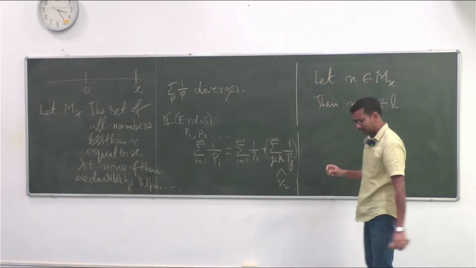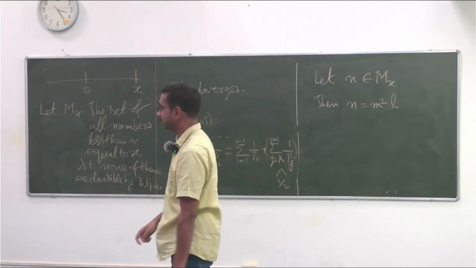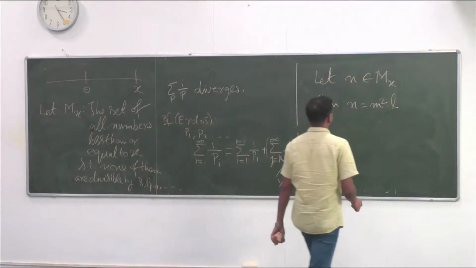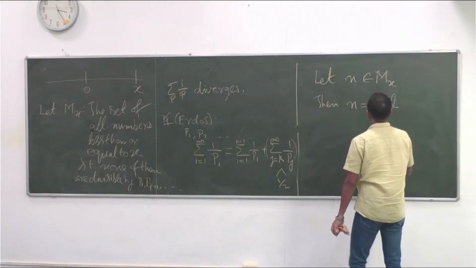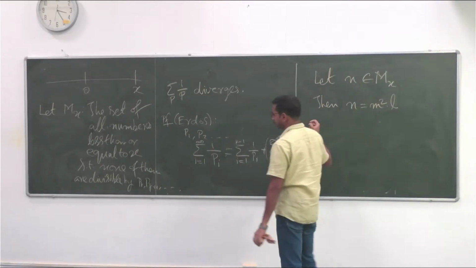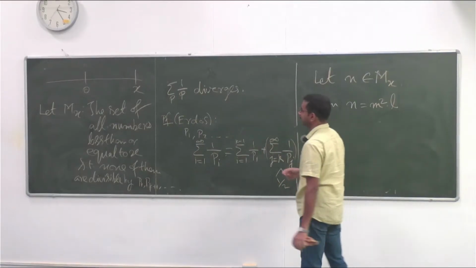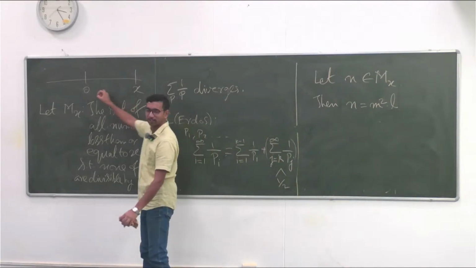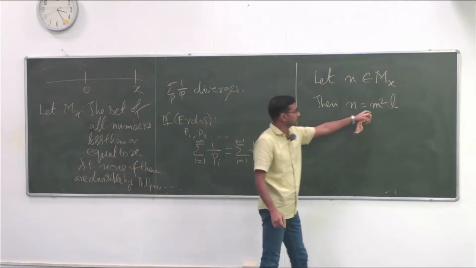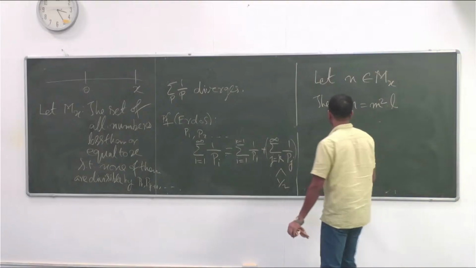No, m and l need not be coprime, because suppose it is divisible by some p cube, it need not be coprime. We know that the numbers in Mx are less than or equal to x, right? So how many possibilities are there for m squared?